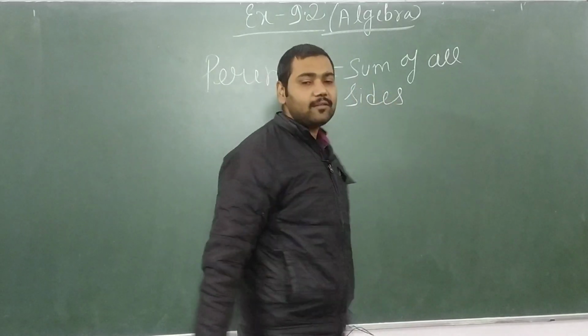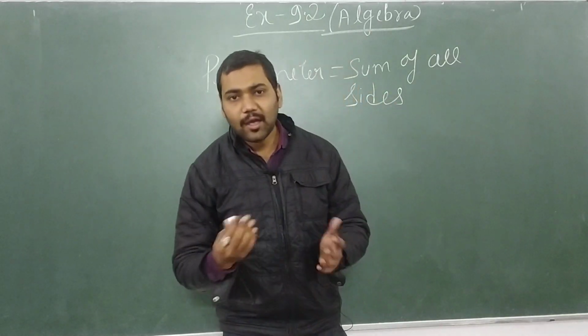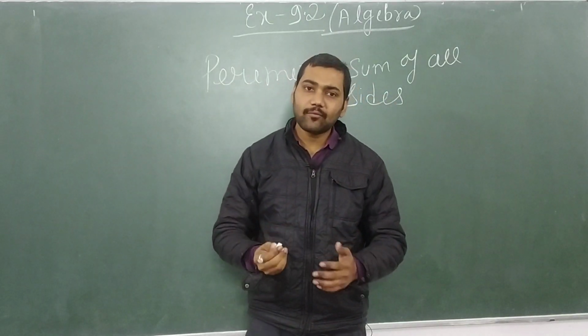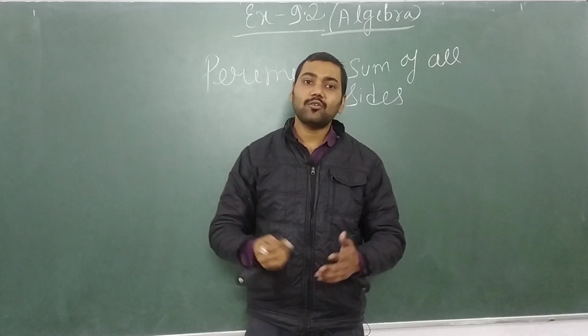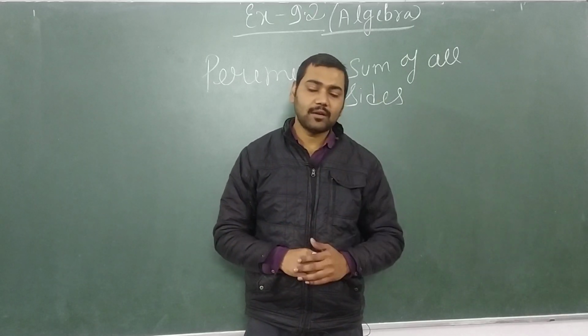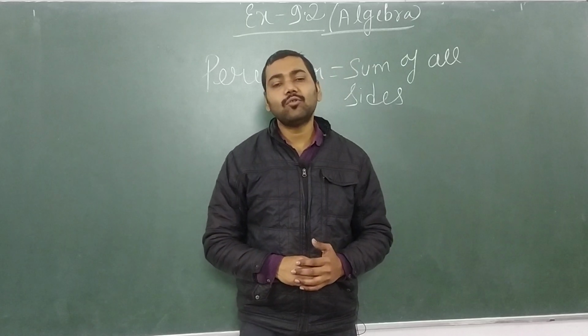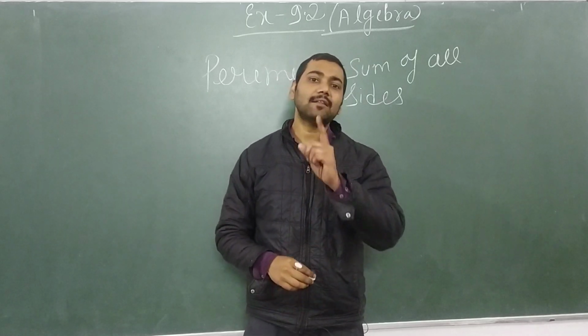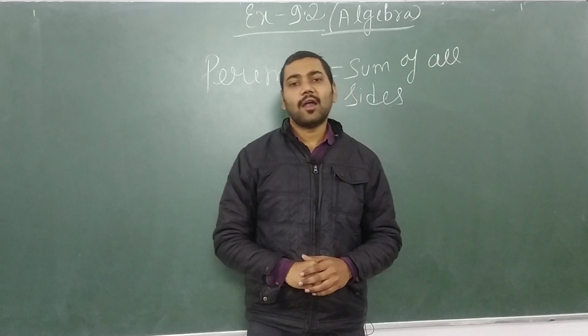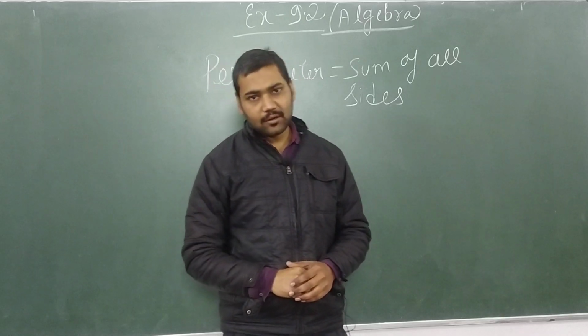Sum of all sides is called perimeter. If we have a 6-sided figure, a 7-sided figure, a 10-sided figure or many more sides, all we have to do is add the sides and we will get the perimeter.